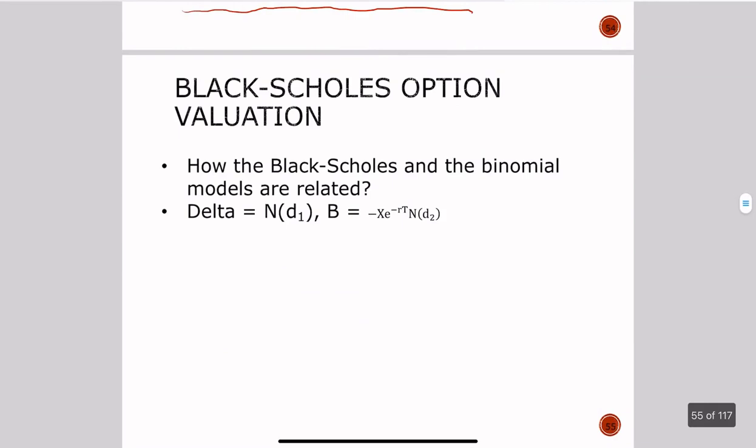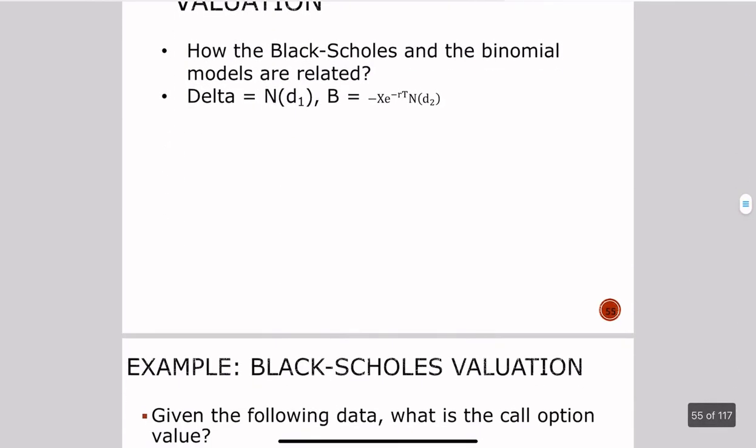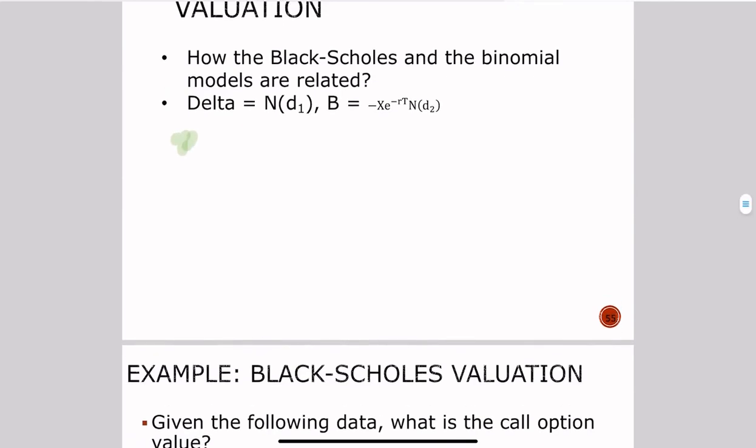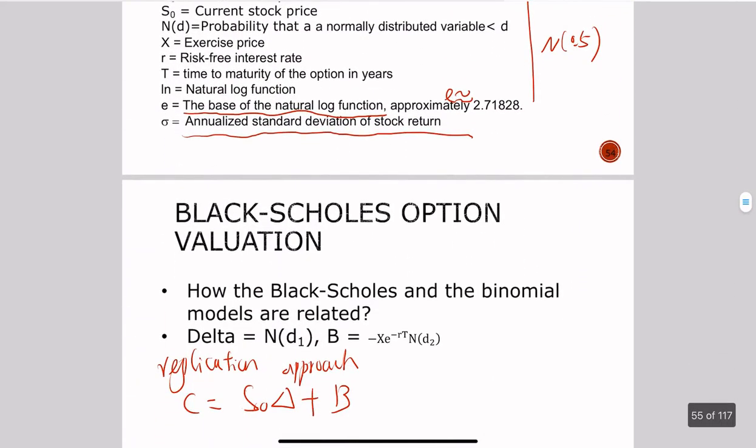Now you might wonder how the Black-Scholes formula is related to the binomial model we just talked about. Remember the replication approach. In that approach, we know that the call option equals stock price times delta plus B. Now let's look at the Black-Scholes model here.